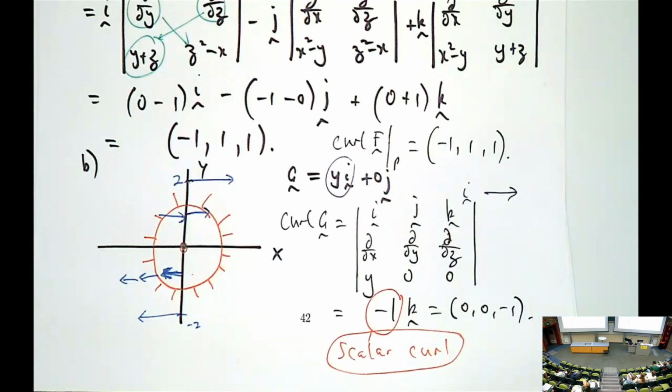So with the I and the J, if you have a two-dimensional equation like that, can you do the cross product with just I and J, or do you need the K as well? So you can do it. See the G, it says G equals yi plus 0j.